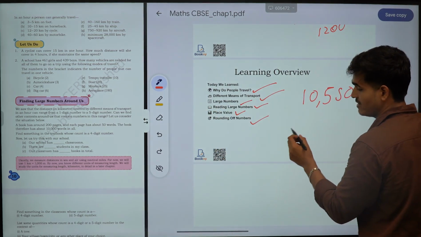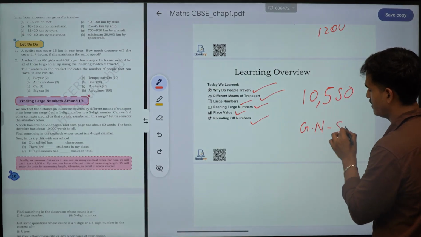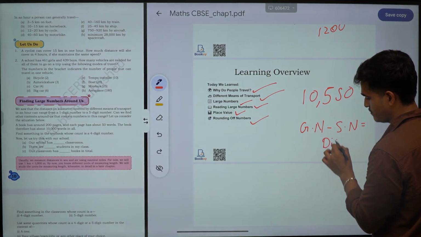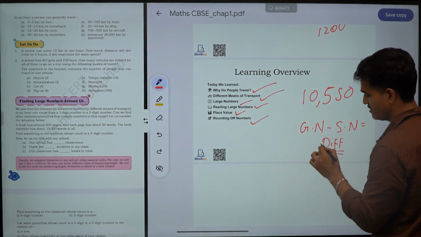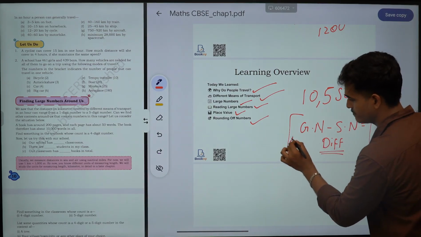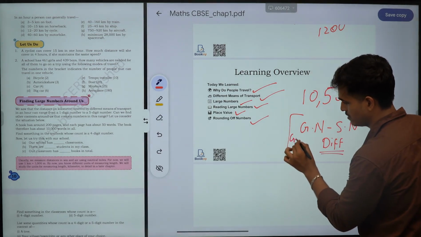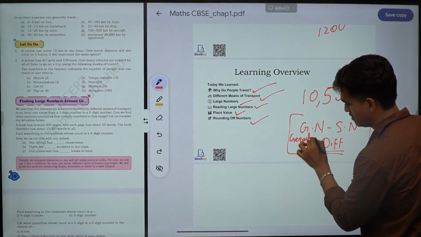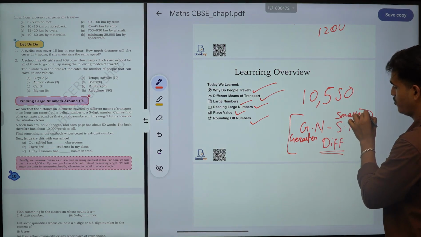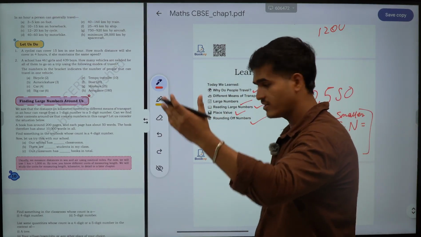For the difference, always remember this formula: greater number minus smaller number, you would get the difference. And that difference you will add for the further number.